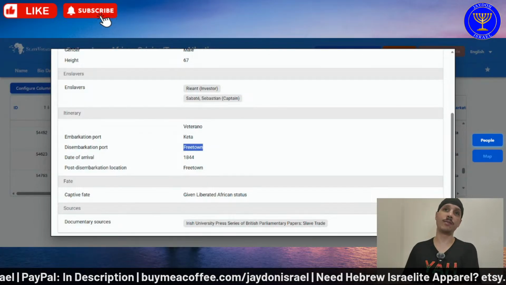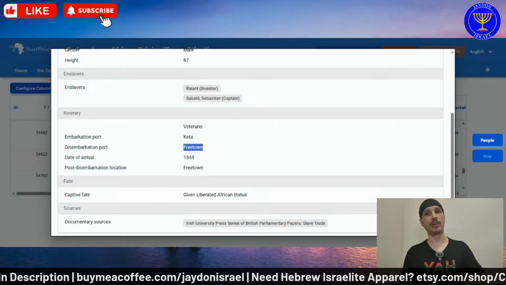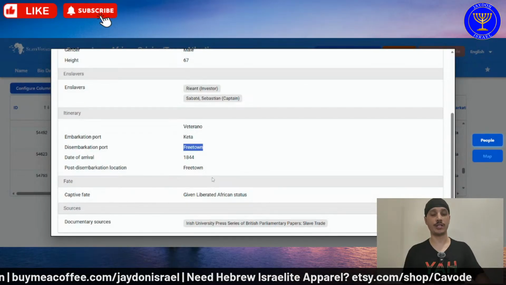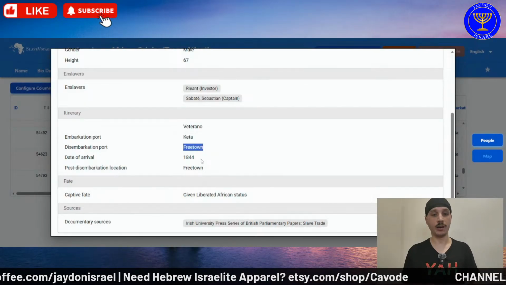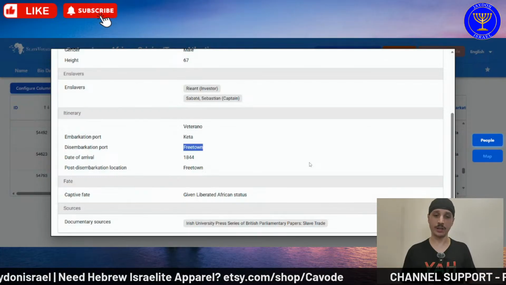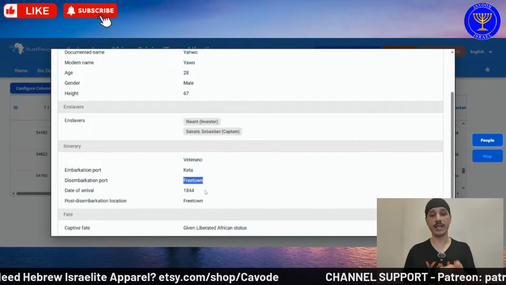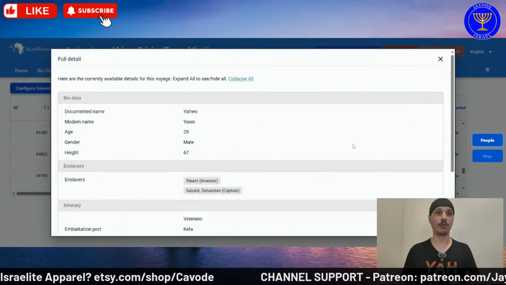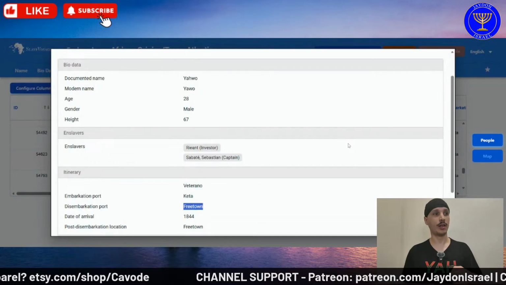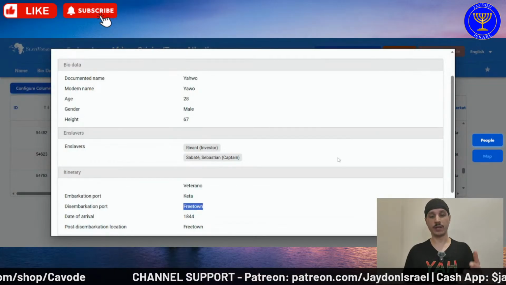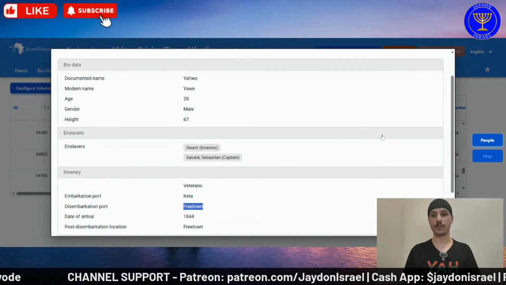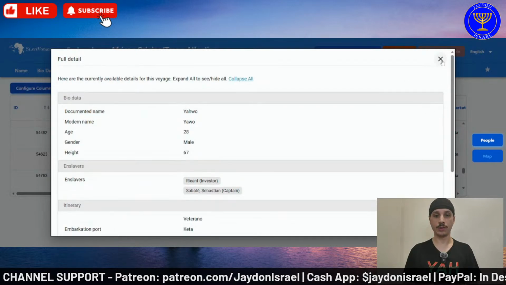And like I said, in Freetown, they did not engage in chattel slavery, but they engaged in oppression. Our people were still oppressed there. So technically it wasn't free. But I encourage you to look into Freetown, Sierra Leone. Sierra Leone also has record of Israelites living there, living in Freetown.